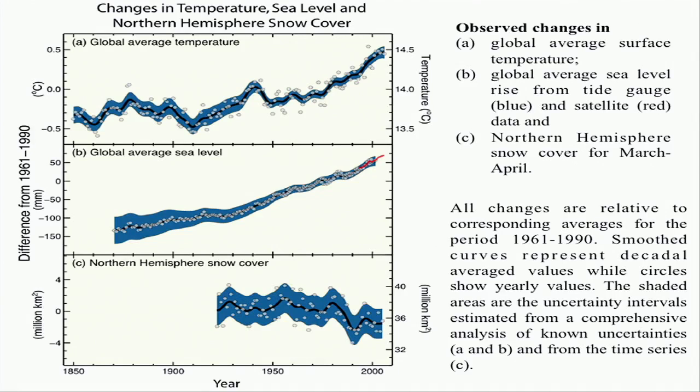Those smooth curves on there are actually the 10-year running means, or the decadal average values, to try and smooth out some of the decadal oscillations. The white circles show the yearly values. That's typically the way you present this information. And the blue areas are the uncertainty intervals. And again, that's based on a comprehensive analysis of all the known uncertainties in the measurements.